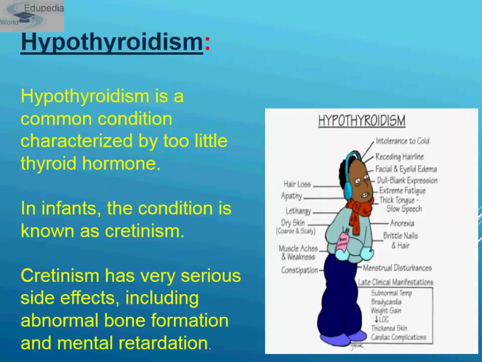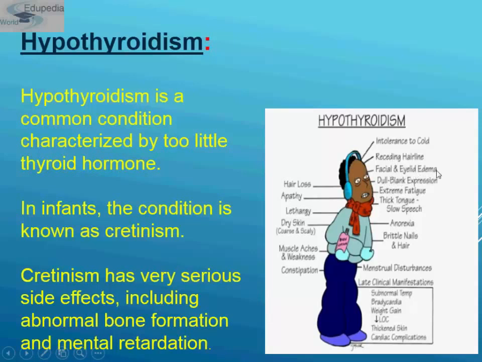Okay, now comes hypothyroidism. Hypothyroidism is a common condition which is characterized by too little thyroid hormone. In infants, the condition is known as cretinism. That means stunted growth. Cretinism has very serious side effects that include abnormal bone formation and mental retardation. These are the symptoms of hypothyroidism: receding hairline, facial and eyelid edema.